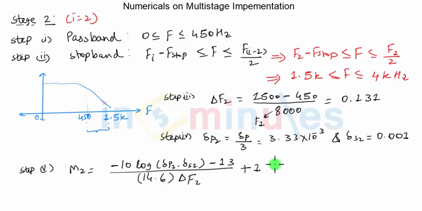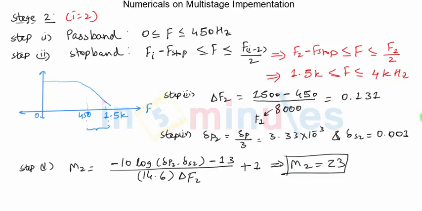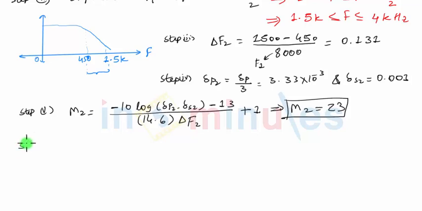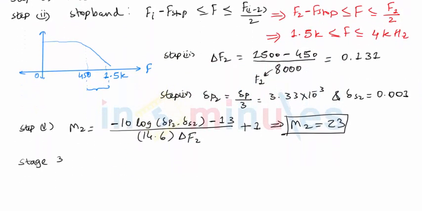So if you solve it, this time m2 will come out to be 22 point something, so it will be approximated to 23. So that should be the length of H2n. So this is your stage 2 calculation, and similarly I hope you guys can now go through stage 3. I will just mention the final answer.